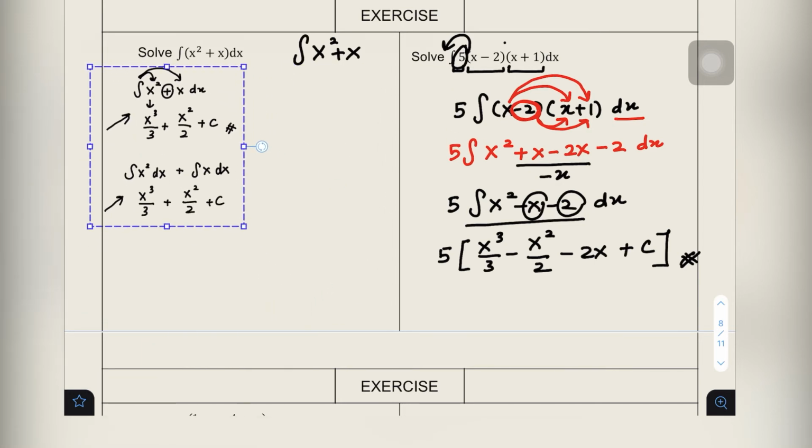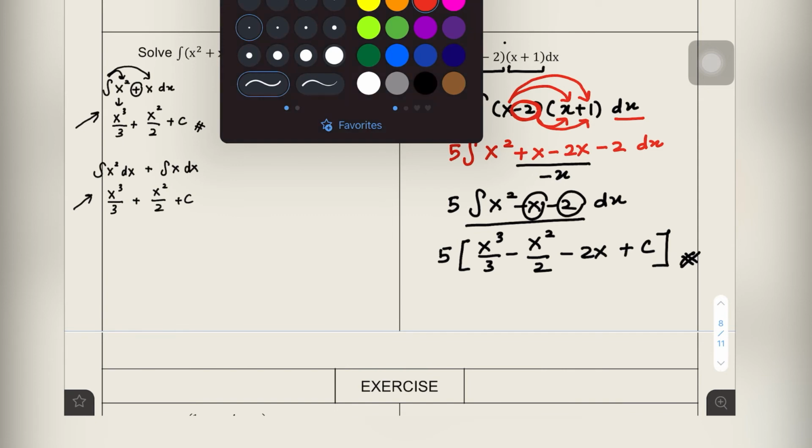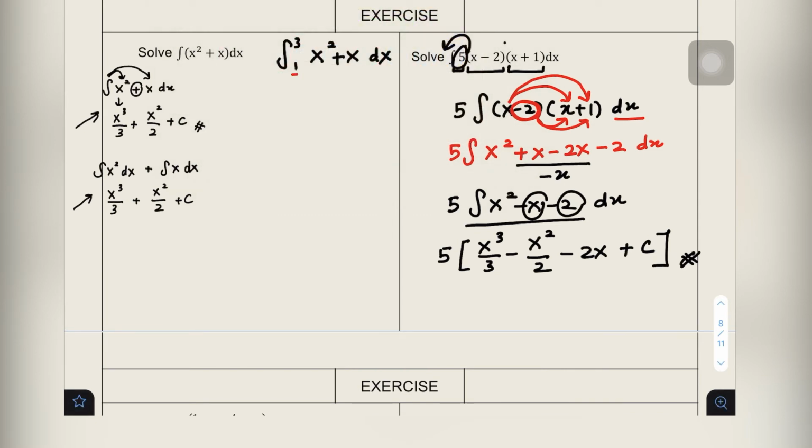We want to see the difference between the definite and indefinite integral. So let's say you need to integrate from 1 to 3 your function x squared plus x dx. This is called a definite integral. Why is it called a definite integral? Because you have your lower limit and your upper limit.